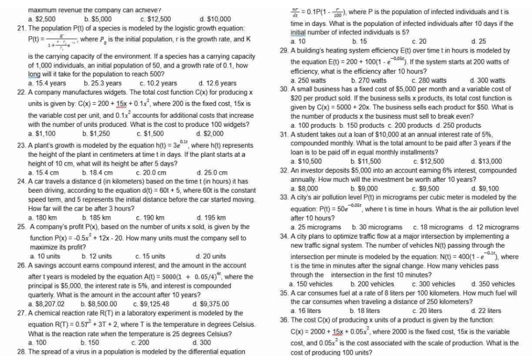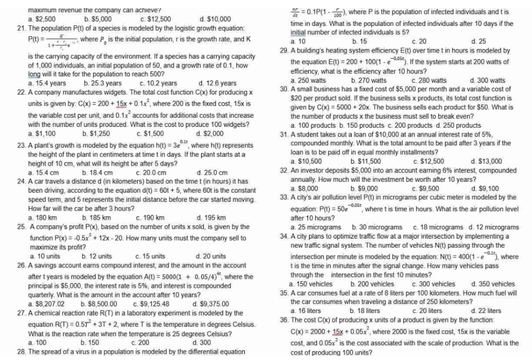Number 25. A company's profit P of x, based on the number of units x sold, is given by the function P of x equals negative 0.5 x squared plus 20x minus 20. How many units must the company sell to maximize its profit? The profit function is a quadratic equation that opens downward, with negative 0.5 x squared, and the x coordinate of the vertex gives the number of units that maximizes profit.